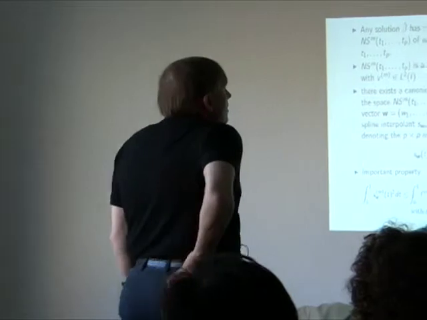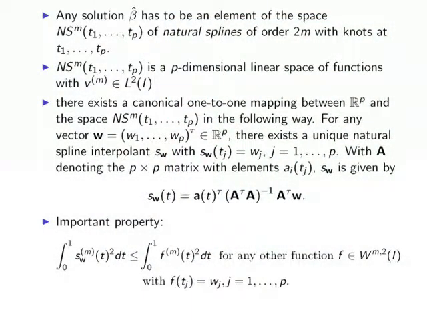Okay? And the thing with these splines is, as I said, the solution is necessarily a spline function, and there exists a canonical one-to-one mapping from R^p into this space. For any vector w_1 to w_p, there exists a unique natural spline interpolant which takes the value w_j at the observation points. In matrix notation, this can be written with an A matrix determined from the spline basis.